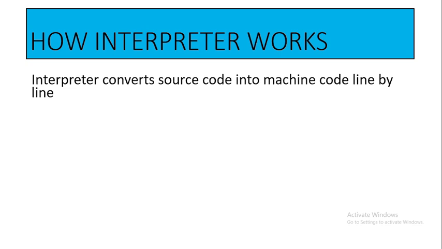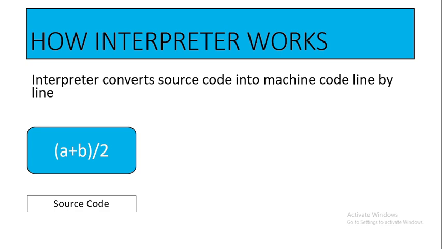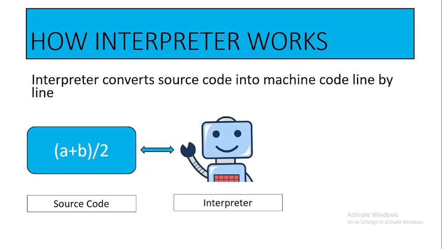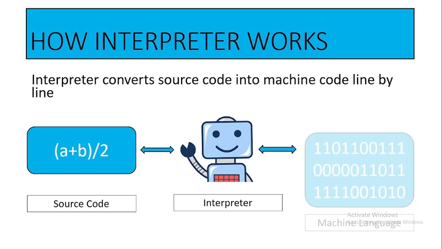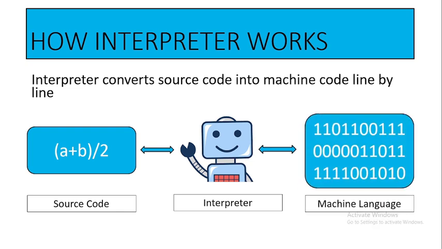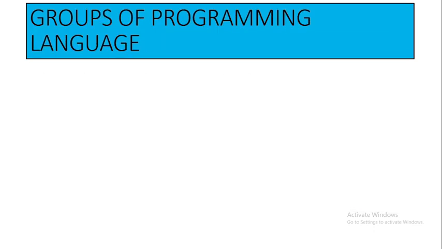So we say that the interpreter converts source code into machine code line by line. So we have the source code, the interpreter comes in and converts the source code into machine code line by line.